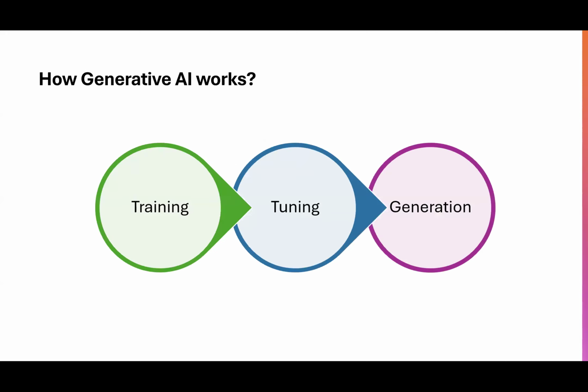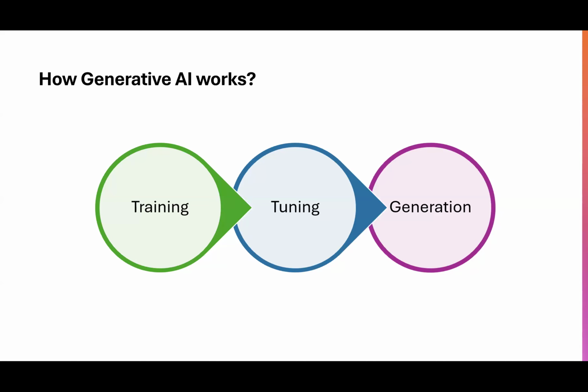So how does generative AI work? Generative AI operates in three phases. The first phase is the training phase, the second is the tuning phase, and the third is the generation phase. In the training phase, we create the foundation model. This foundation model can serve as the basis of generative AI applications.